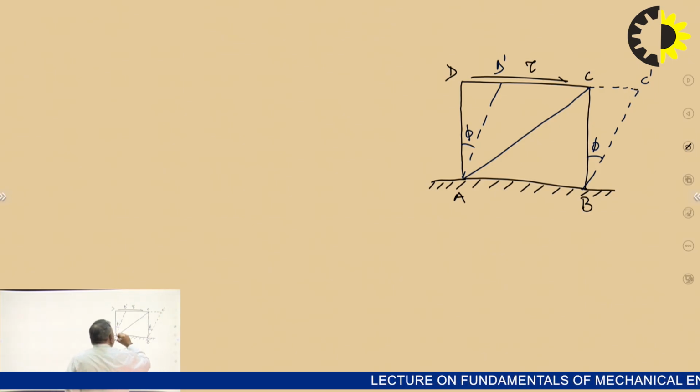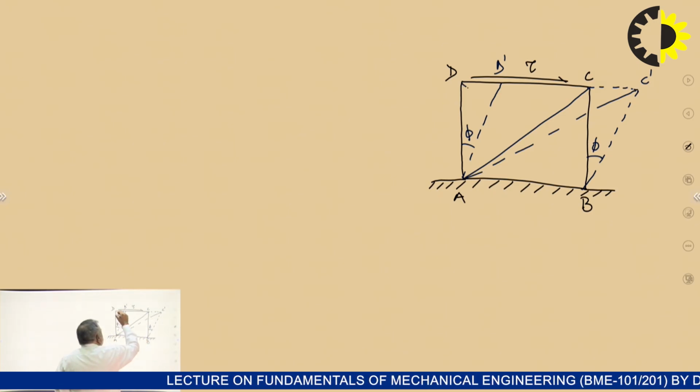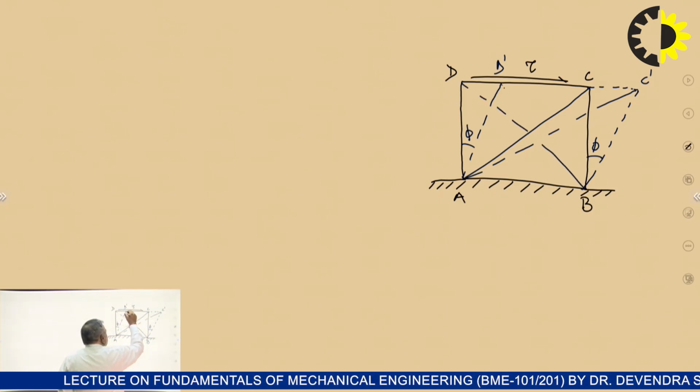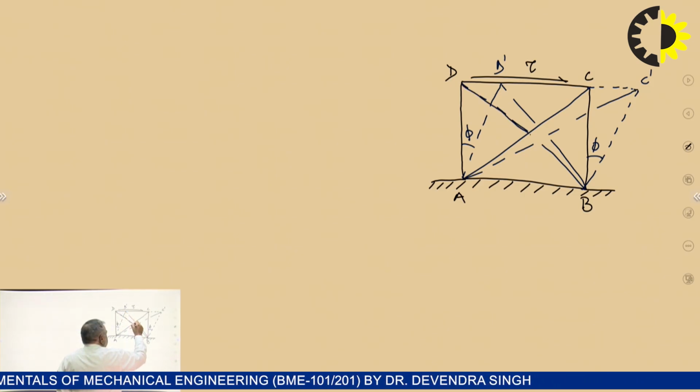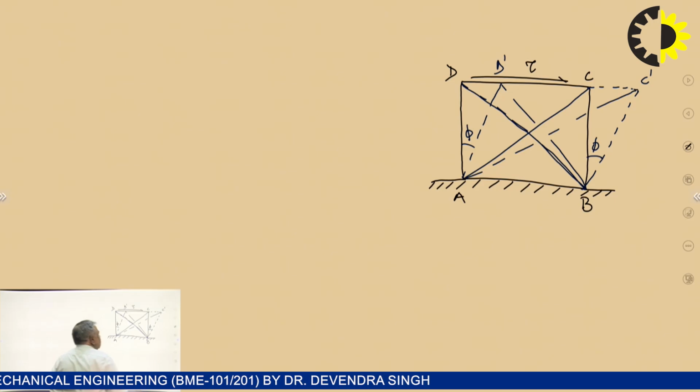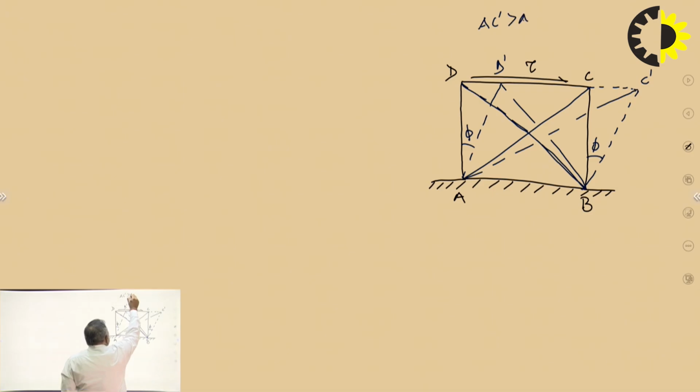Now I join AC, BD, and B prime, D prime. It is evident from this figure that AC prime is greater than AC and BD prime is lesser than BD.